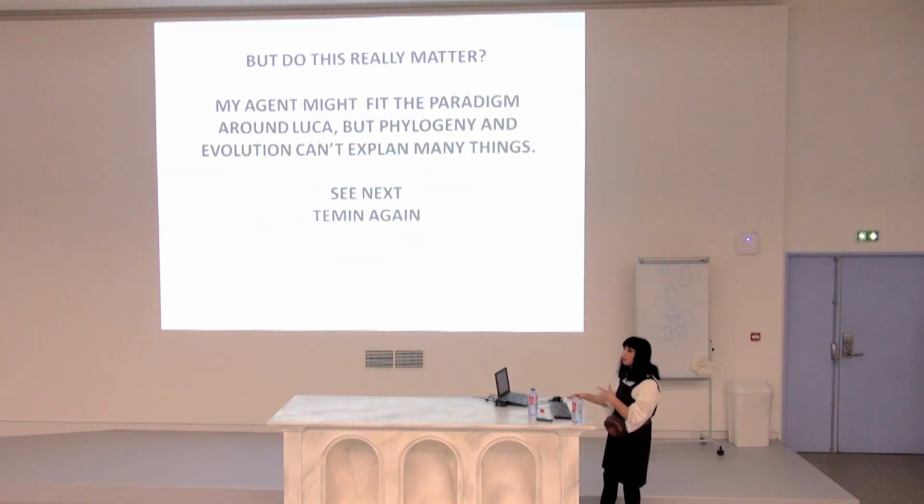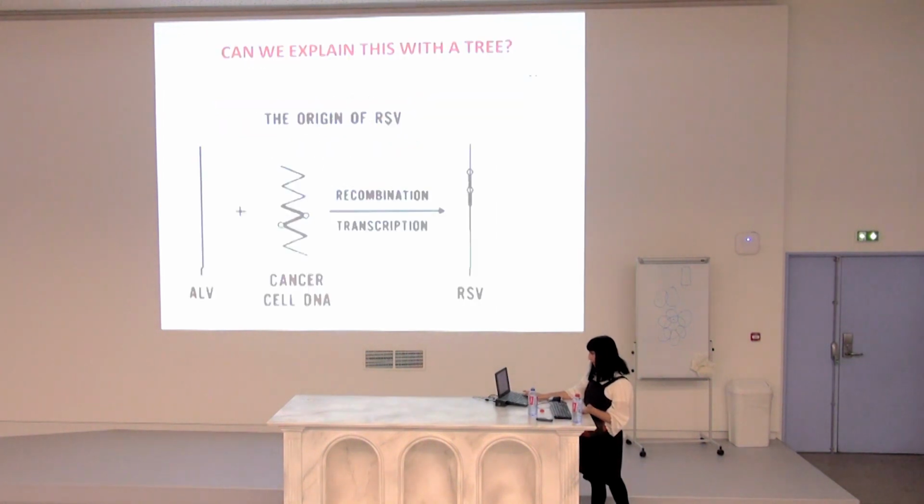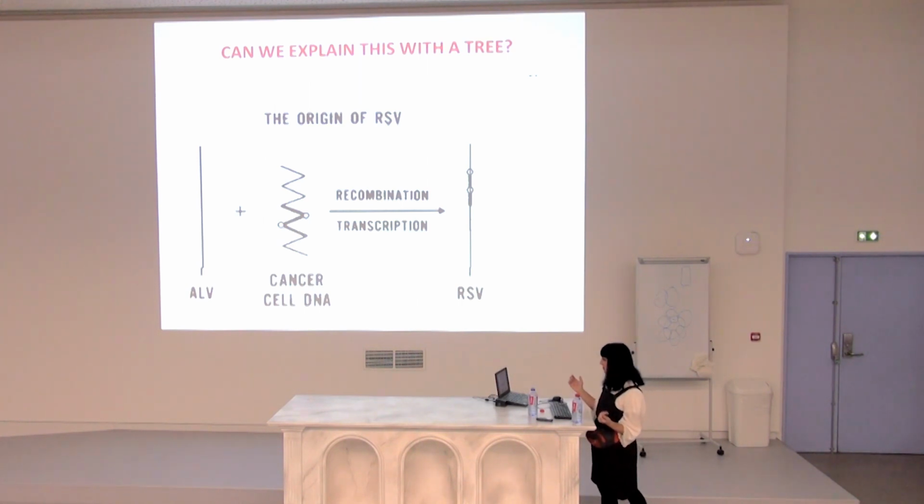But I am not really interested in finding an age for this unicellular thing that I found in human T-cell leukemia. It might possibly fit this paradigm, but phylogeny, I assume, can explain many things. How can we explain this with a tree? So Temin again: you have an avian leukosis virus and a random recombination in the cells.